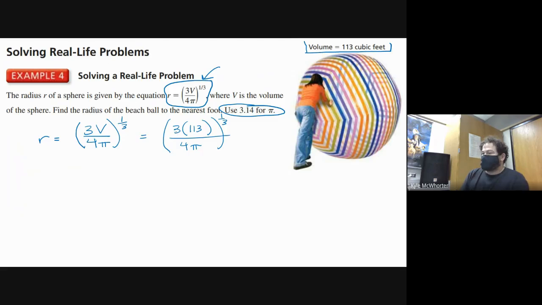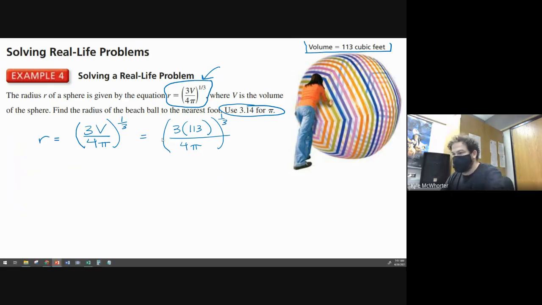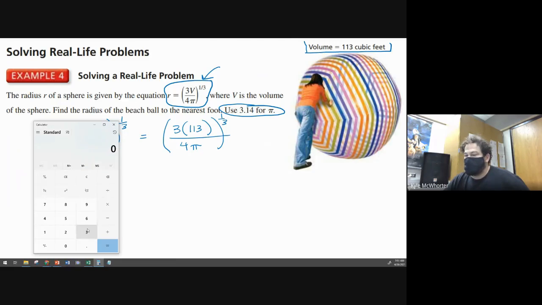All right, so I can do the multiplication inside here. Three times 113 is 339. I'm going to divide that by 4 first, then divide by pi, which we're going to use 3.14.